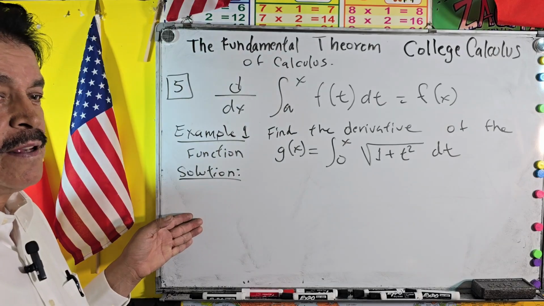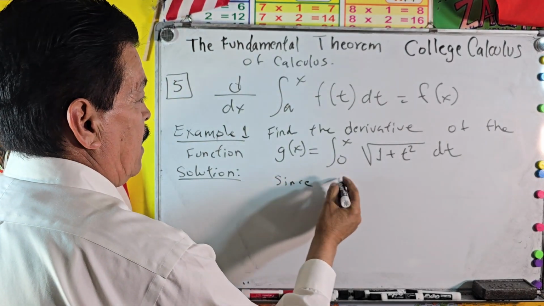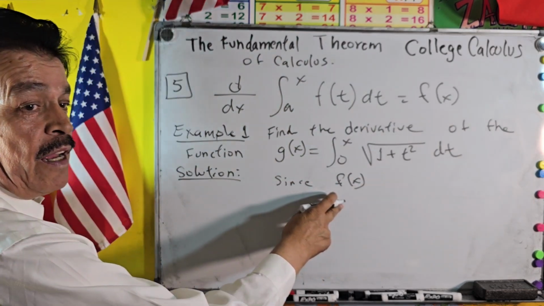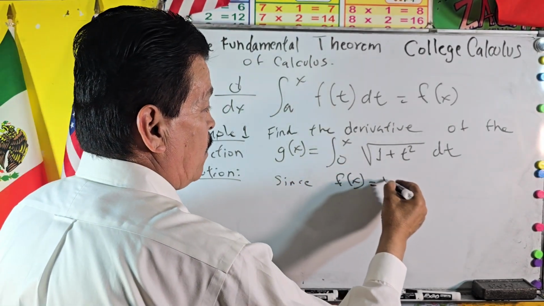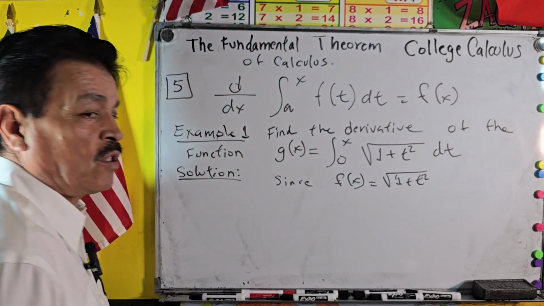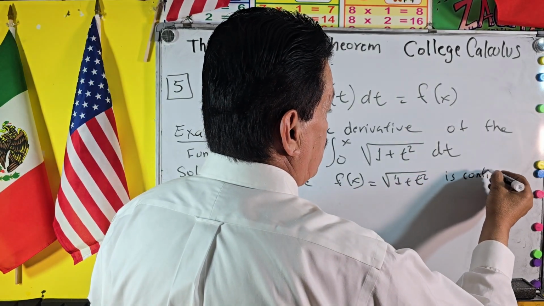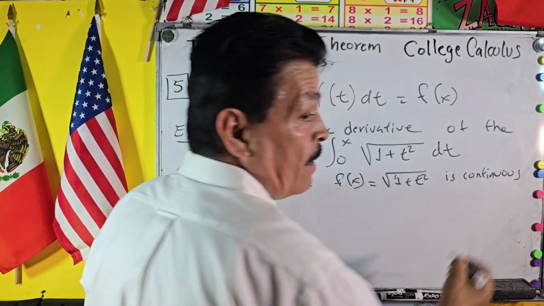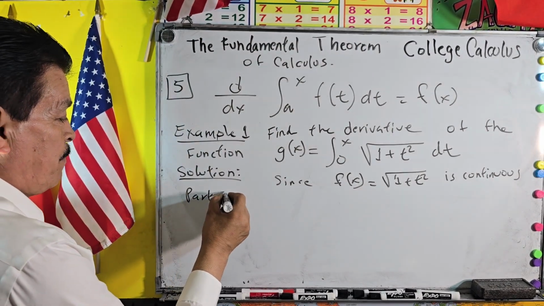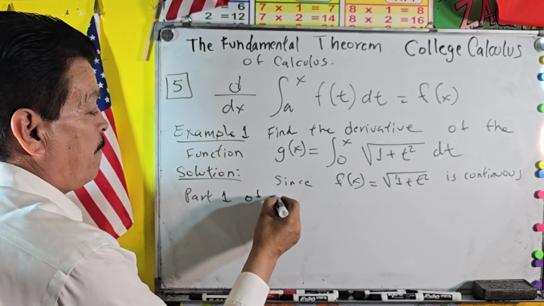So the solution: since f of t equals the square root of 1 plus t squared, it is continuous. So this is continuous, so part 1 of the fundamental theorem applies.